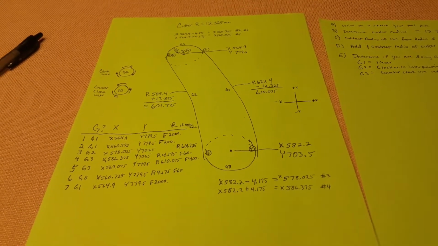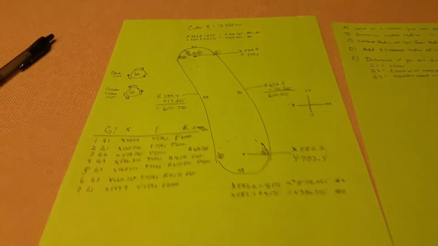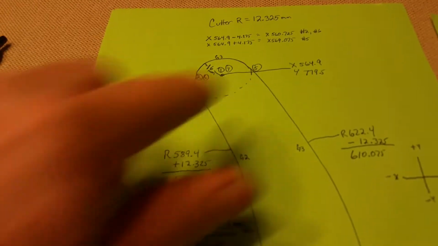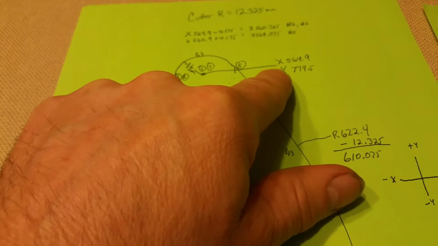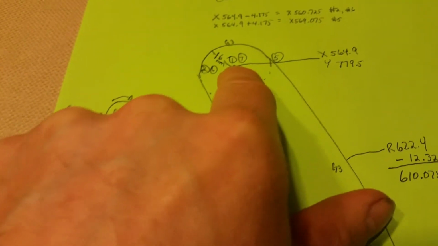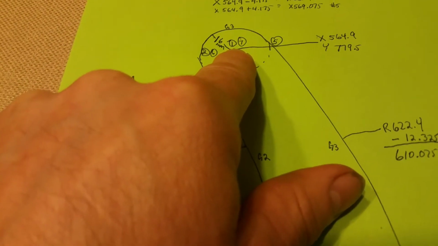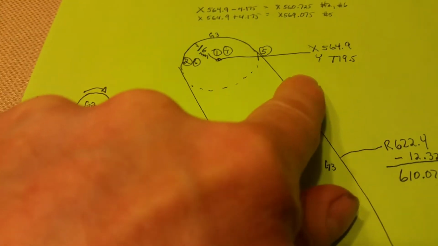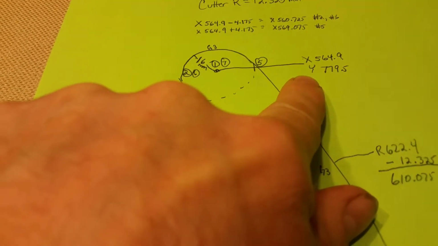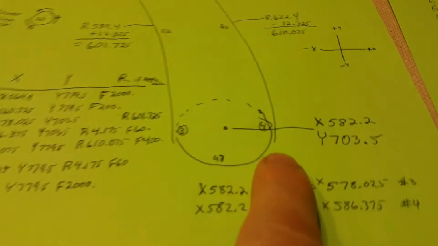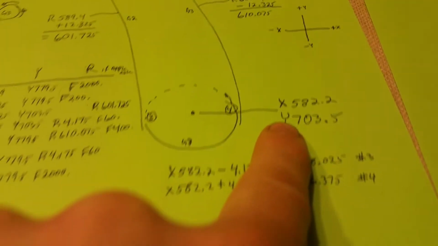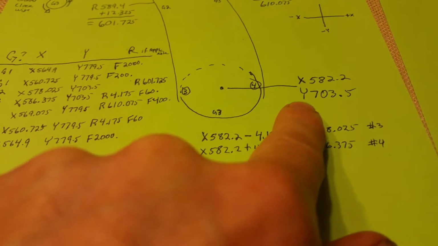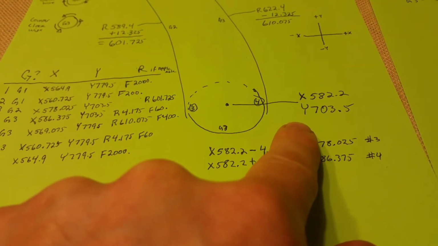Today I'm detailing how to cut a curved slot. So here's the locations of where this slot is. The center right here at the end is X 564.9, Y 779.5. Down here, X 582.2, Y 703.5.